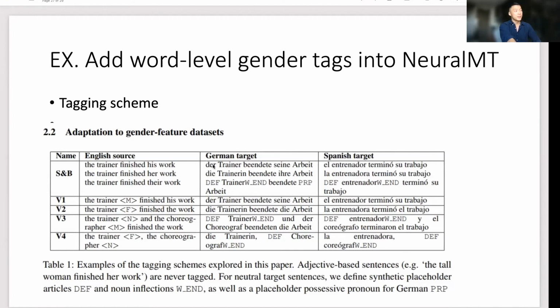So you can see that the article there, der is for male, die is for female, and seine means his, and ihre means her. Okay, so that's kind of consistent for the English source, right? But for when you translate like this, the trainer finished their work, there and it's not.